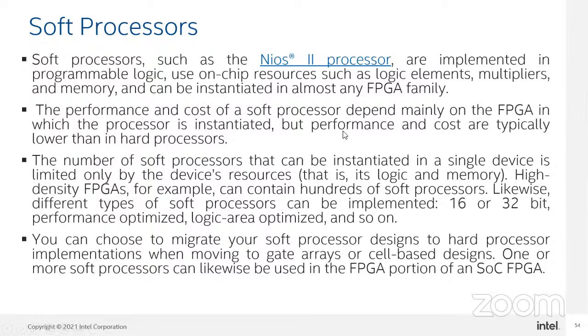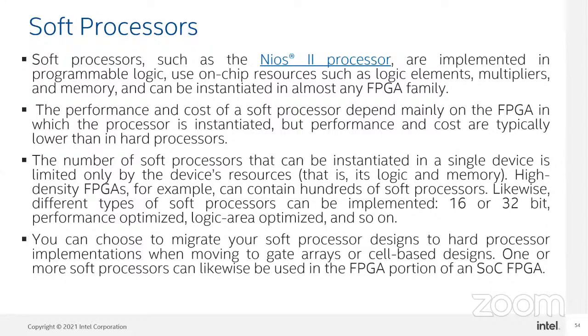But the performance and the cost are typically lower when compared to hardcore processors. When you compare with hardcore processors, the cost is lower because you don't need to invest in a dedicated hardcore processor, but the performance will also be lower.